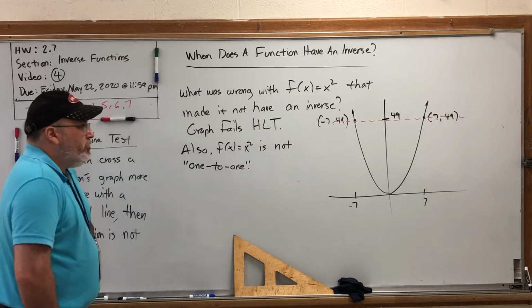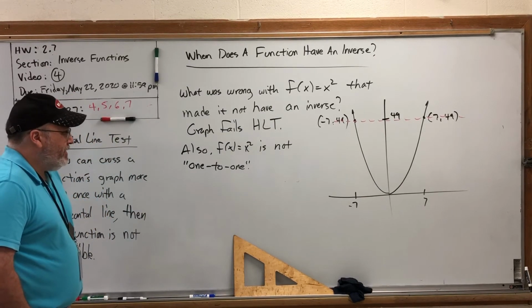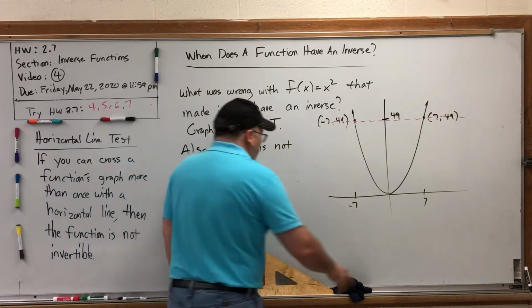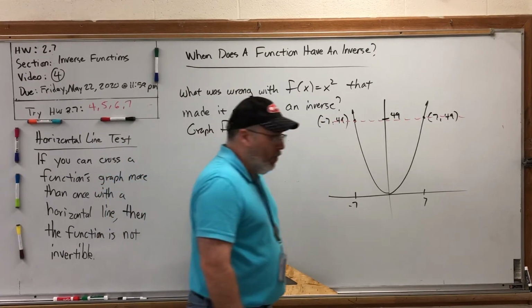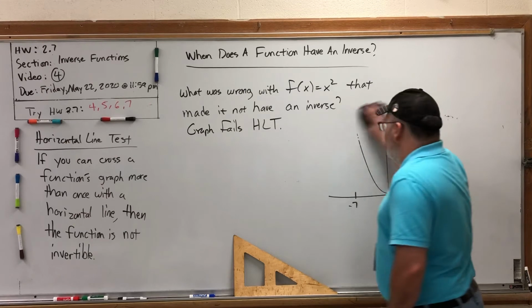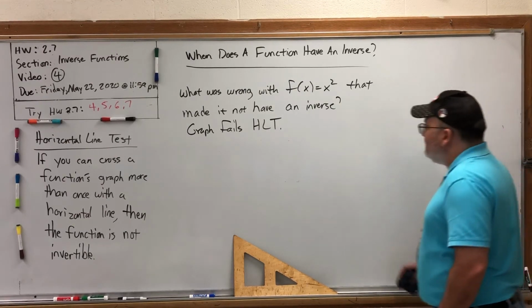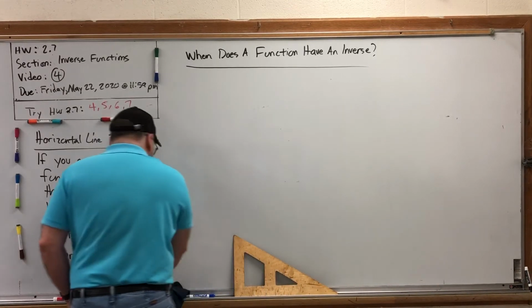But it's much easier to check a graph to see if it fails the horizontal line test than it is to check a function to see if it's 1-to-1. In the homework, when you see problems saying this function is 1-to-1, what they're basically saying is it has an inverse.